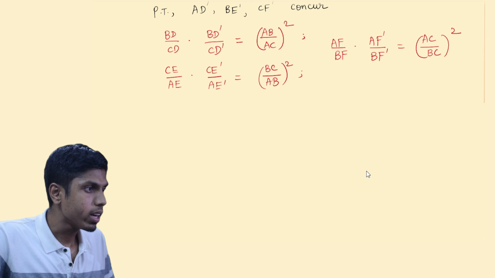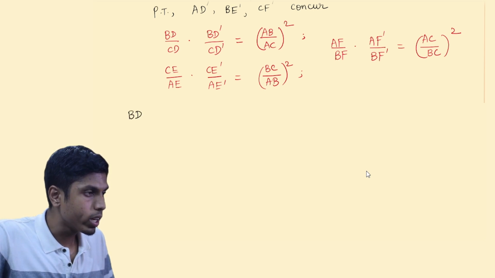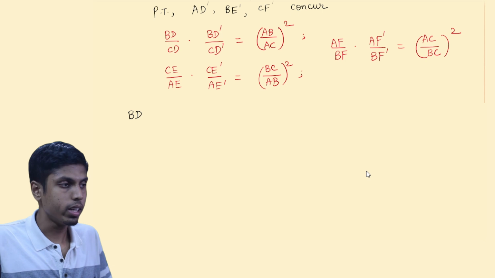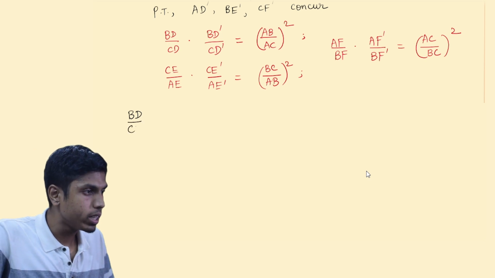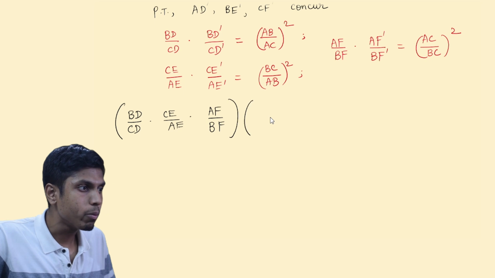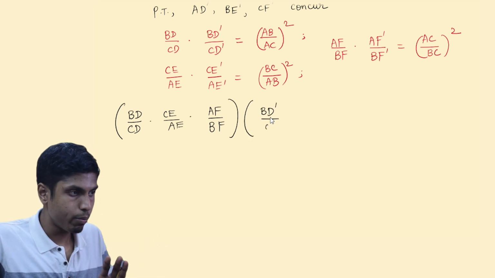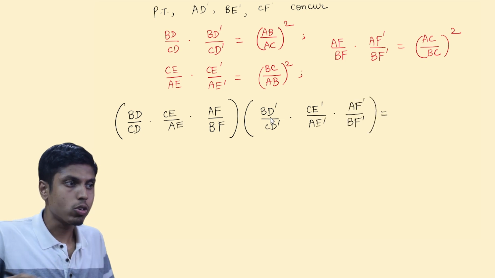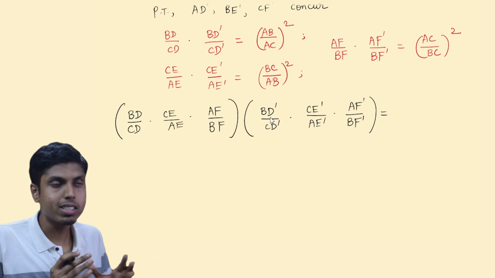So if you multiply all of them and group together the primes separately and the normal letters separately, then you would get BD by CD times CE by AE times AF by BF, multiplied with the primes: BD prime by CD prime times CE prime by AE prime times AF prime by BF prime. Now you would be astonished with how the RHS simplifies.